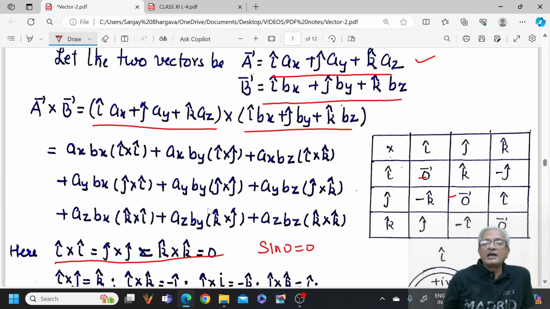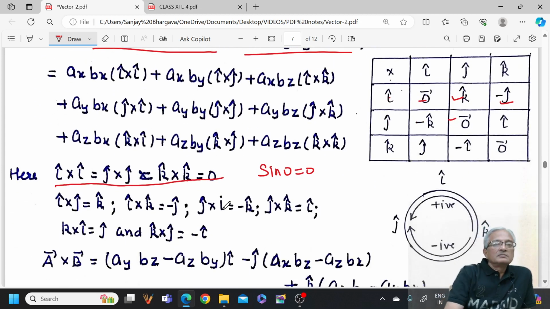What is i cross j? It would be k. i cross k would be minus j. That is what we have written here. So this term becomes 0, this term becomes 0, and this term becomes 0. All other terms you can write: i cross j as k, i cross k will be minus j.